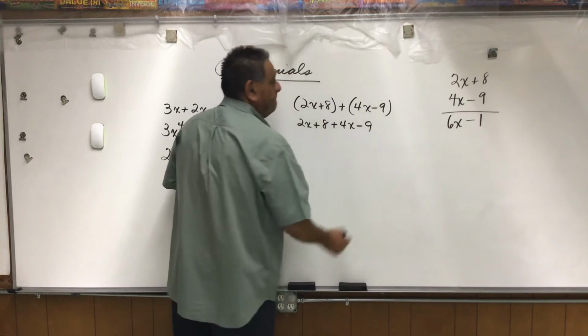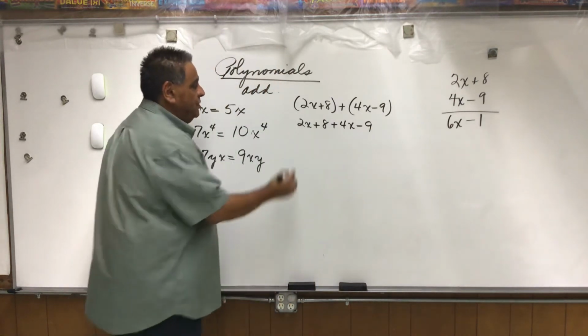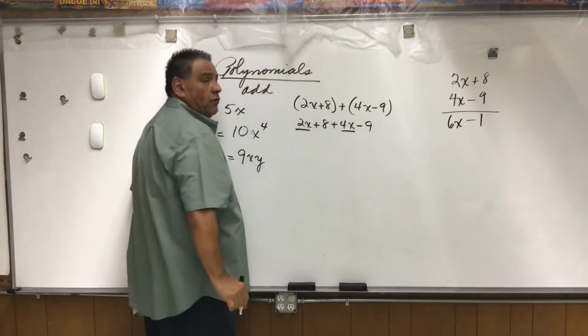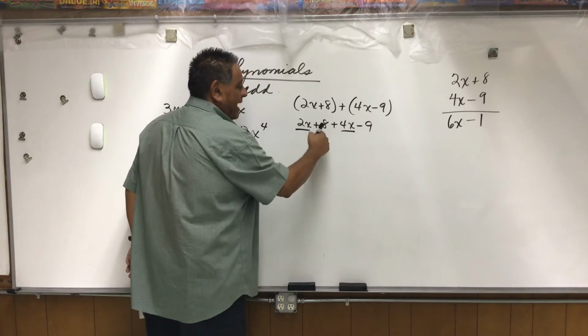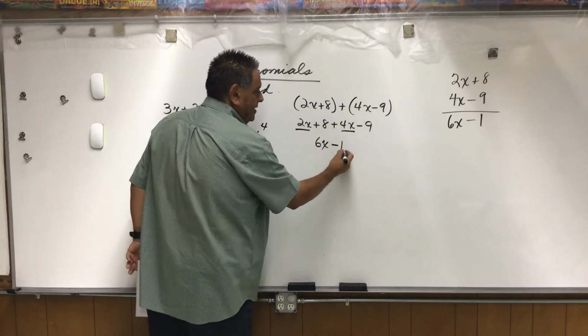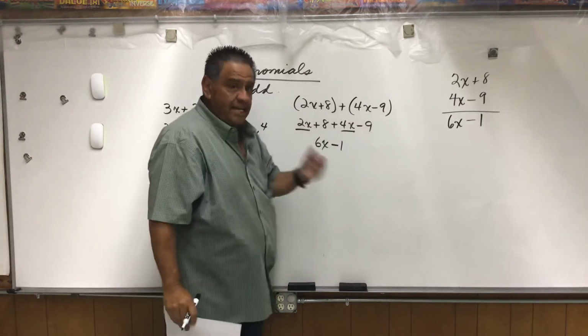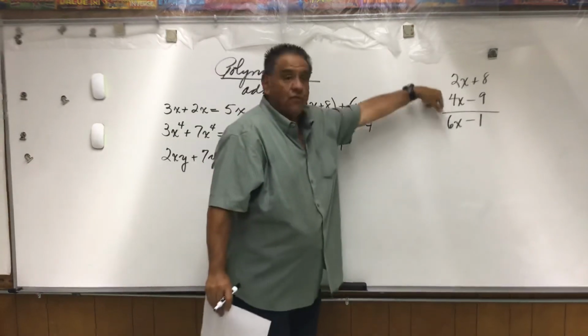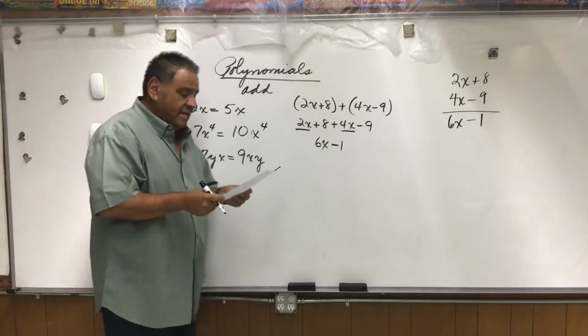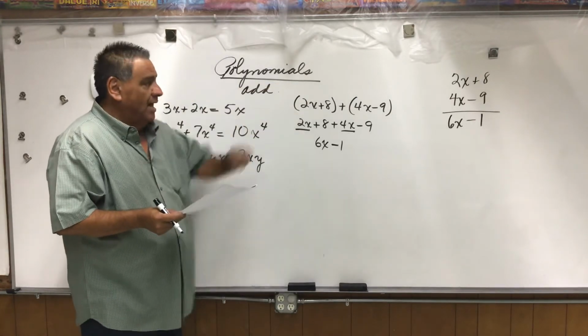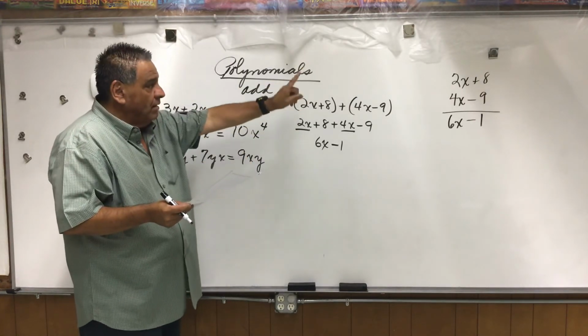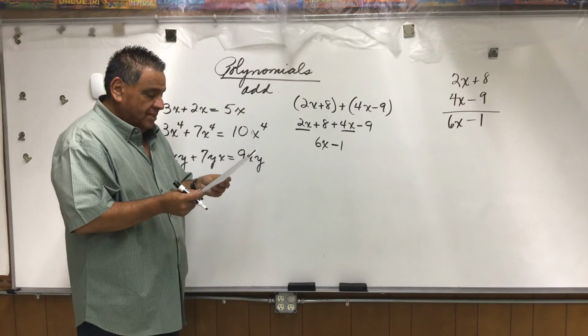And say, okay, what are my common terms? 2x, 4x. That's going to be 6x. Positive 8, negative 9, negative 1. Same answer. So this is written horizontally, and this is written vertically. All right? Some of your homeworks are going to be written in the vertical method, all right? So just understand that, all right?